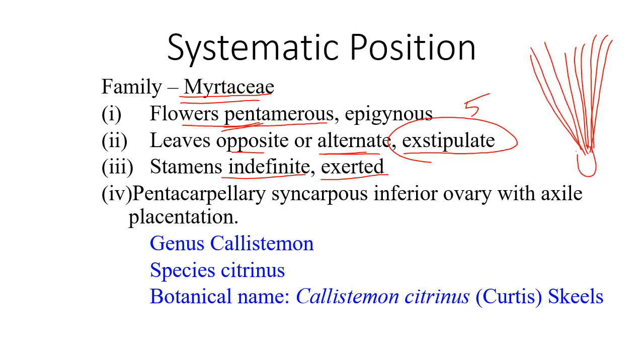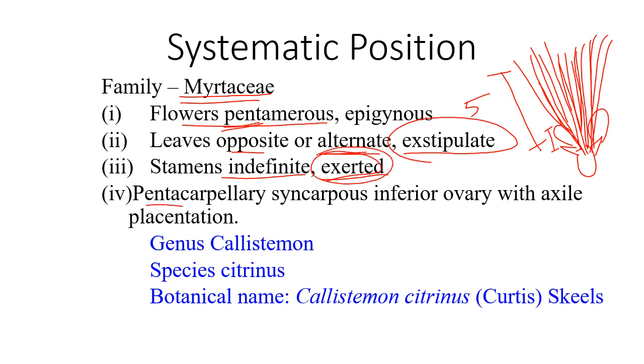So here if you see, a small calyx is there, a little bit bigger corolla is there, but all these stamens are completely coming out of the flower. So if you look here, the height of the stamen is bigger as compared to the height of this petal or corolla tube, and hence this is called exserted.